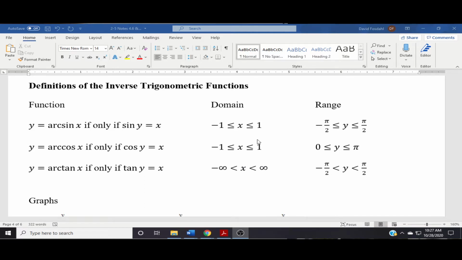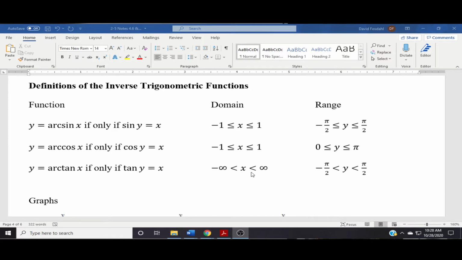Notice arc sine and arc cosine are restricted to -1 to 1. That means if you go beyond that, they don't work. Their ranges are different. Arc sine is only negative pi over 2 to pi over 2. Arc cosine is 0 to pi.